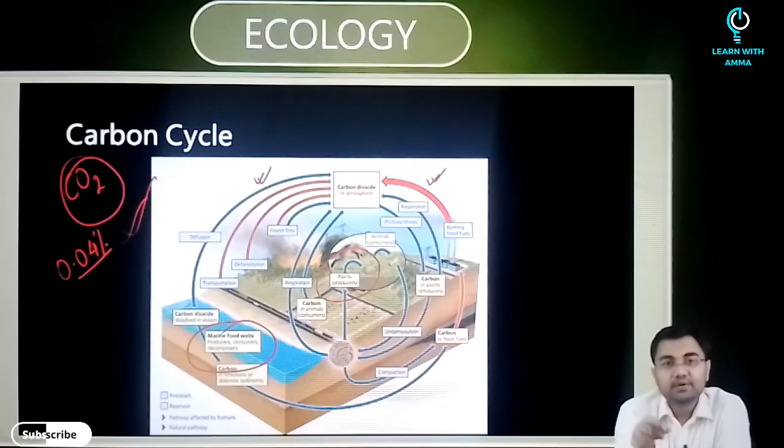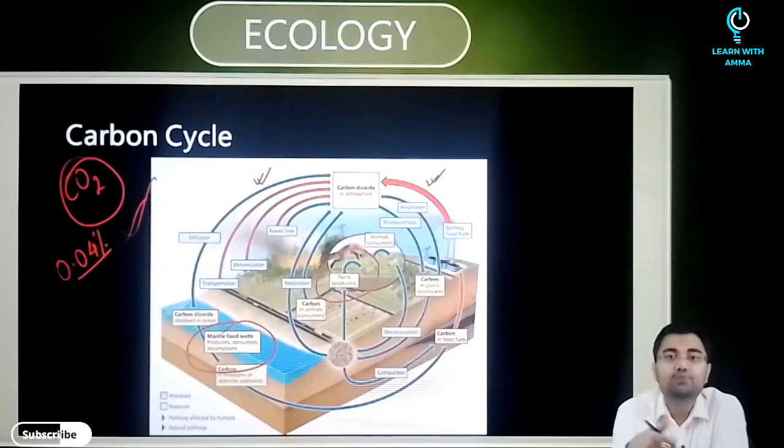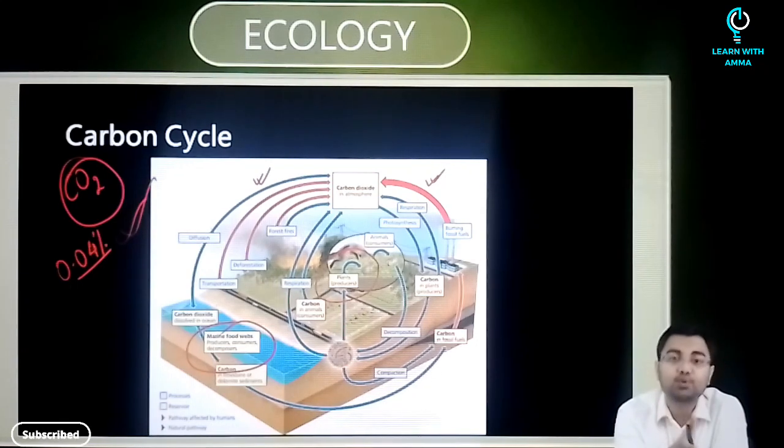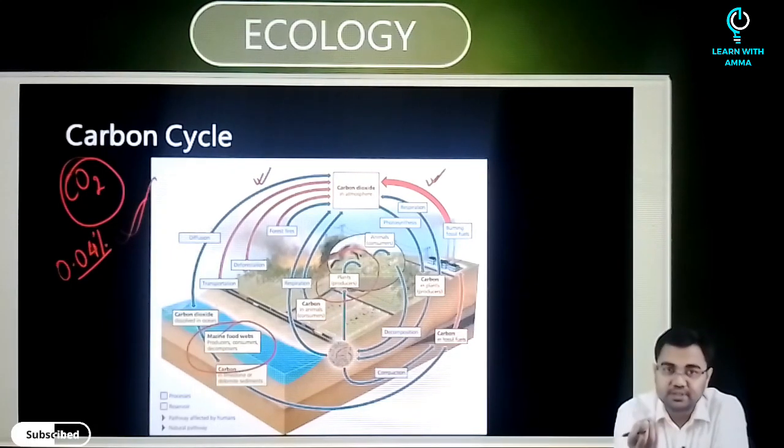Now these producers do photosynthesis and convert carbon dioxide into glucose, right? And then the cells in these producers, consumers and decomposers carry out aerobic respiration, and by carrying out aerobic respiration, carbon dioxide is given out.